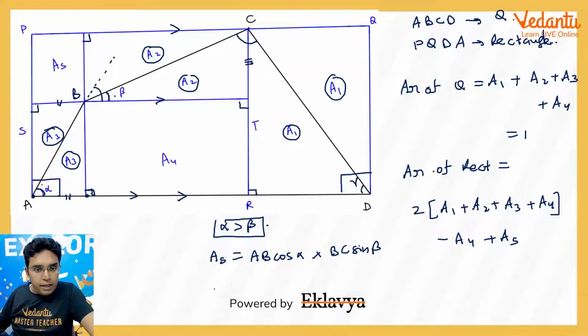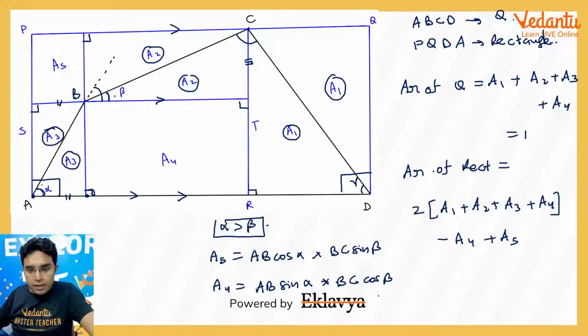And A4, if I do, A4 is this thing, it is the opposite. You can see it will be AB sine alpha into BC cos beta.